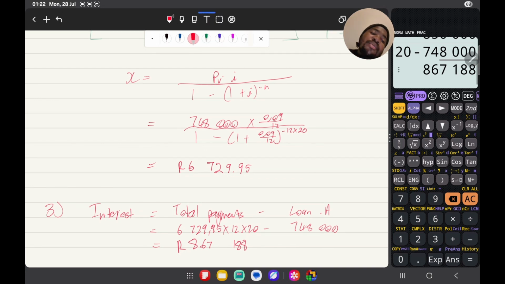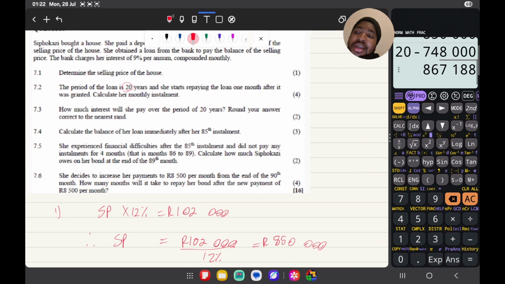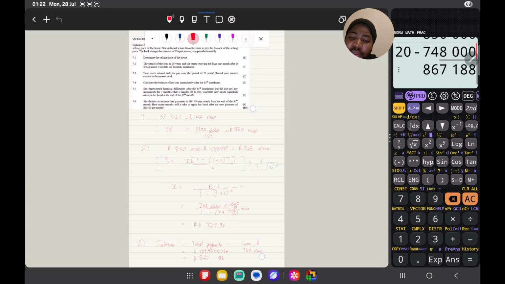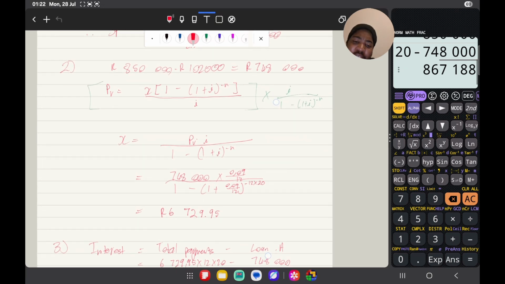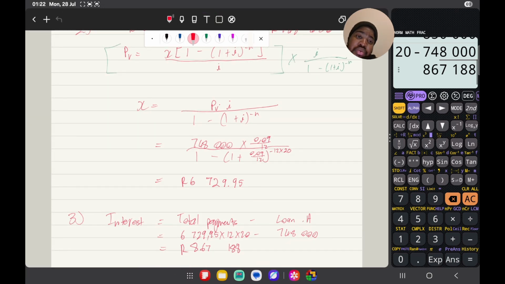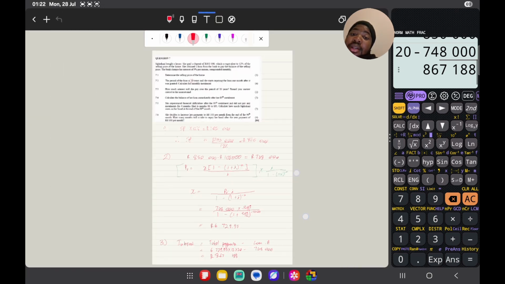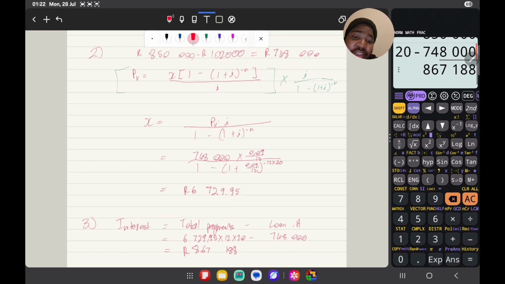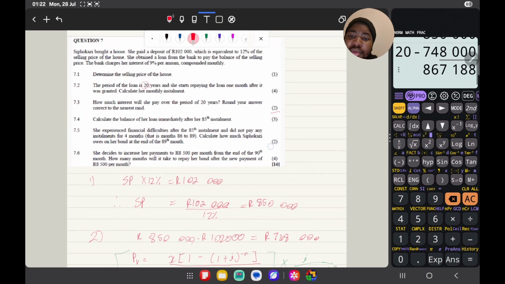So that is the amount that our lady here paid in interest. Our lady paid that much interest. So yeah, let's see the next question. This was the interest, to the nearest rand. Oh, it's actually even. So cool.